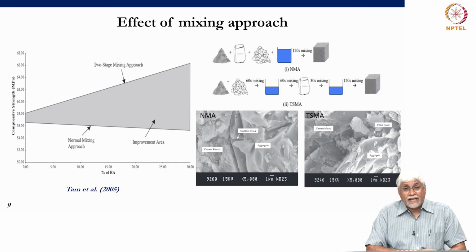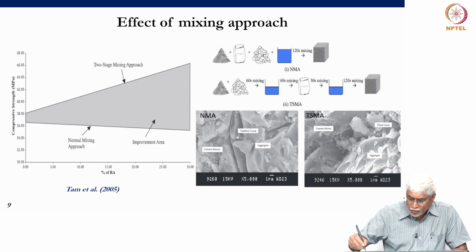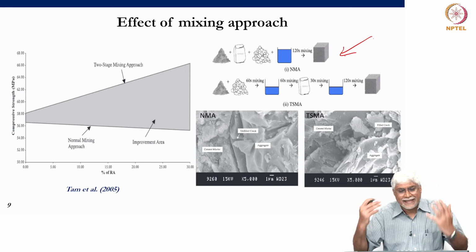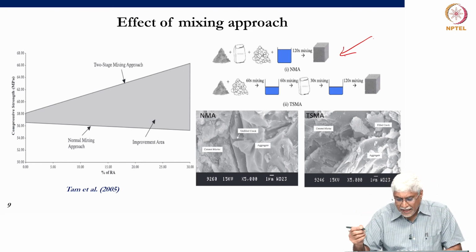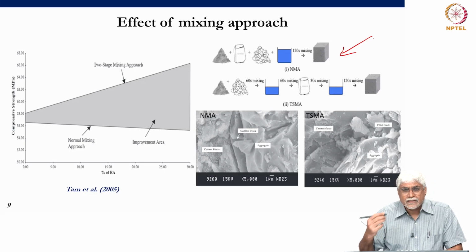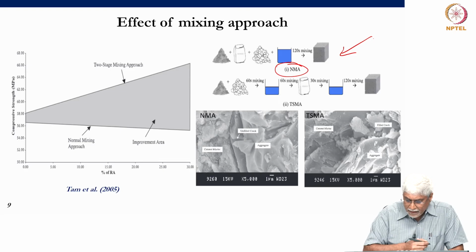The way that we mix can also matter. So here we are talking about two ways of mixing. The normal mixing would be just treat the aggregates as you would pristine aggregates, mix everything together, say for a couple of minutes. That is what we call normal mixing.